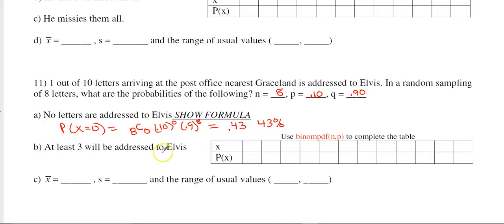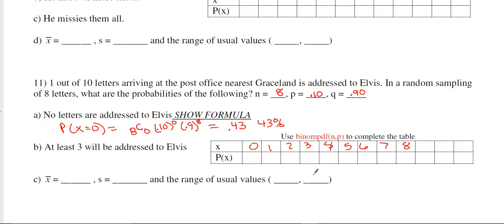At least 3 will be addressed, so we have to do our table. 0, 1, 2, 3, 4, 5, 6, 7, 8. And so binomial PDF, 8, 0.1.